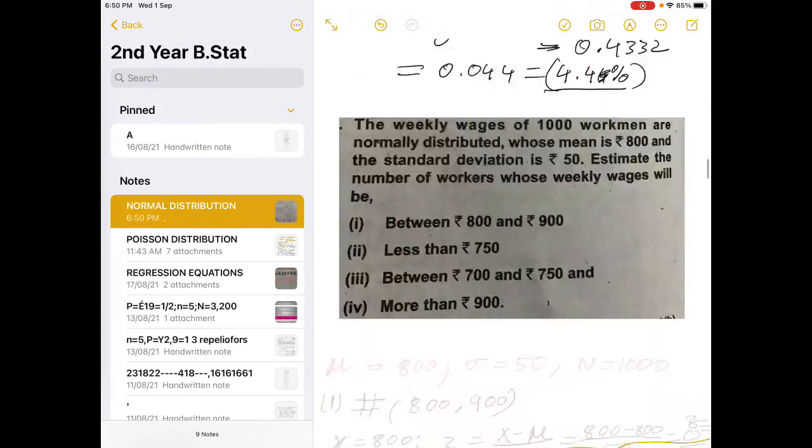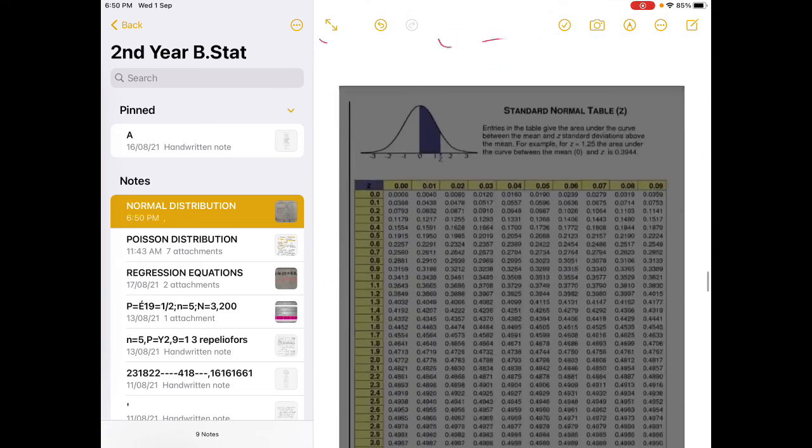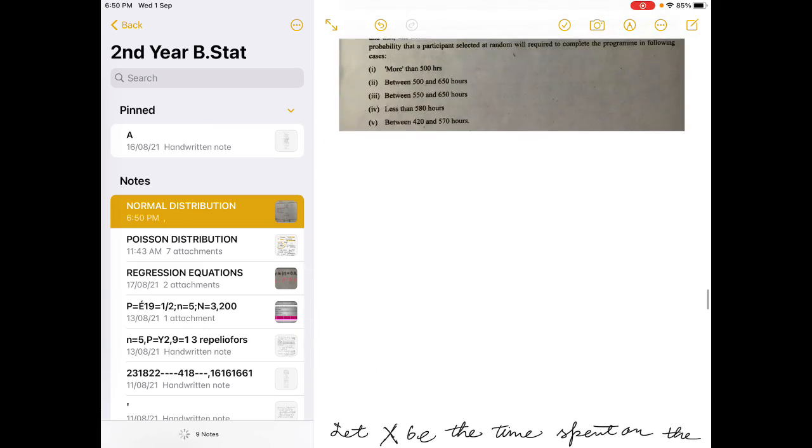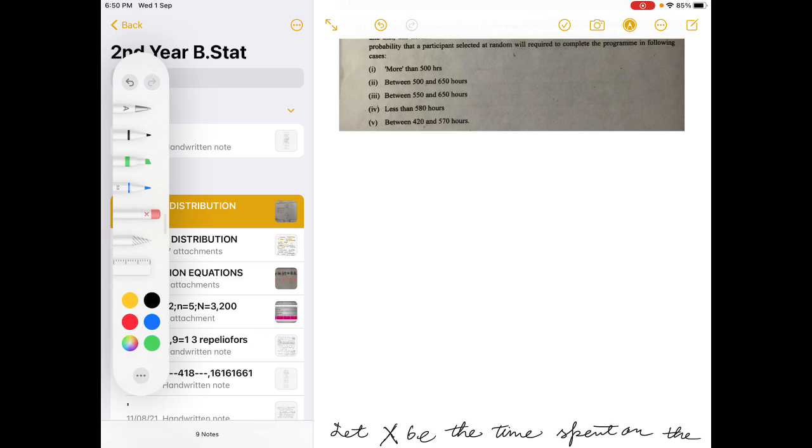Now before we start solving the problem, let's take a look at a few basic concepts in normal distribution. In a normal distribution, we have the x-axis where we are measuring certain values and we are looking at the probability of those values occurring on the y-axis.